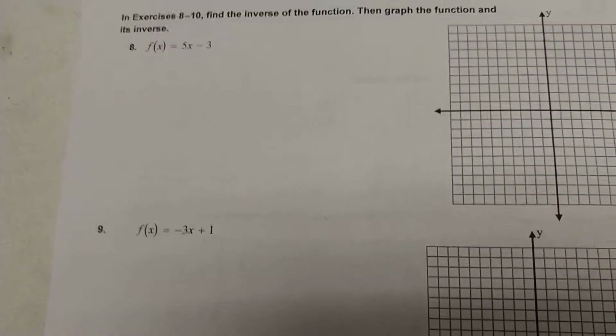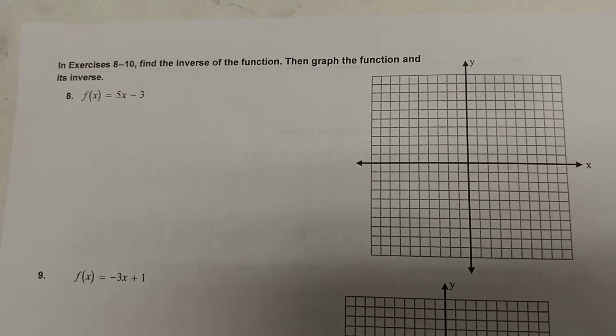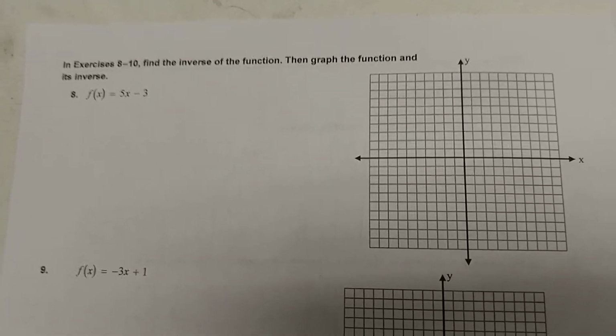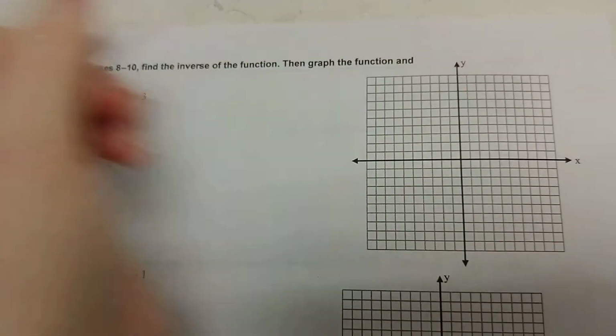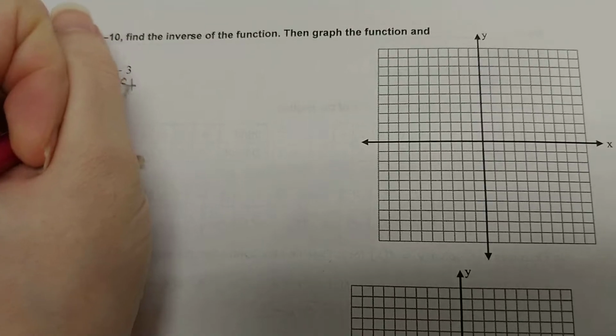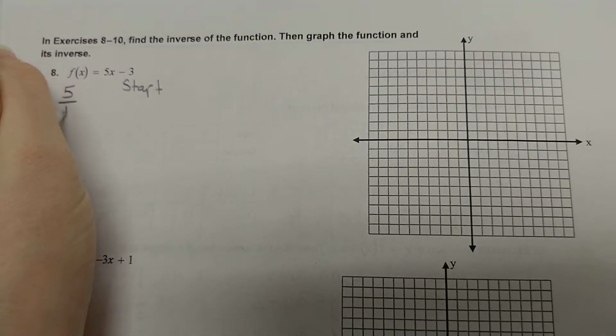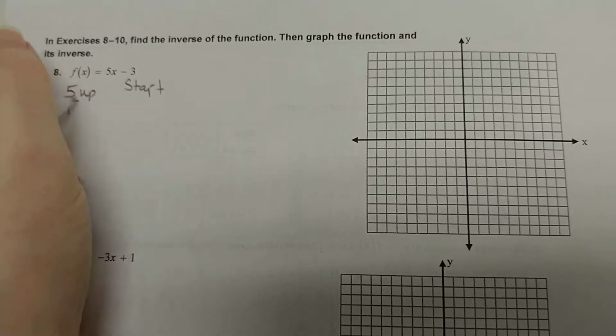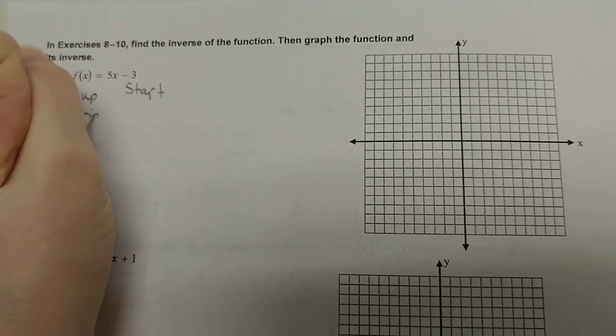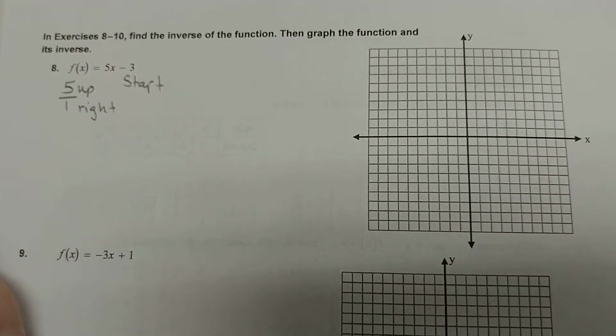On the back, it gives us an equation, so first thing I'm going to do is graph f of x. So I start at -3. My slope is 5 over 1, which tells me I go up 5 and right 1.